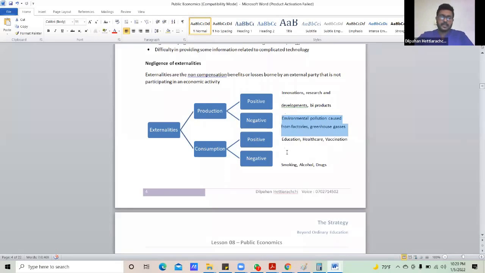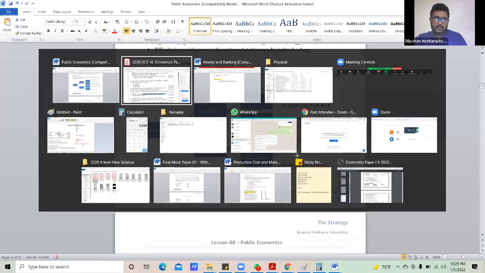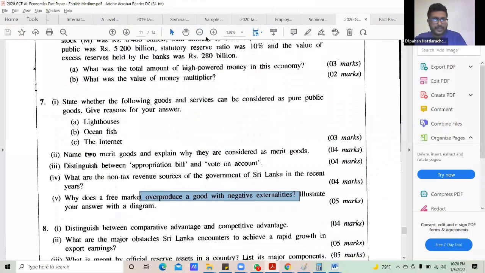Okay, right? So today I'm not going to draw the diagrams. Next day I will talk about the diagrams. But today we'll try to understand the different externalities they mention in the past papers.